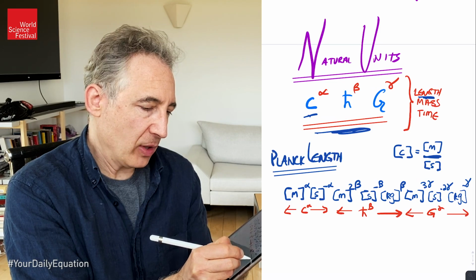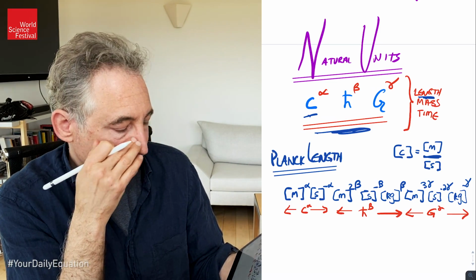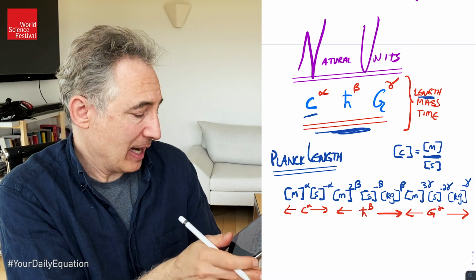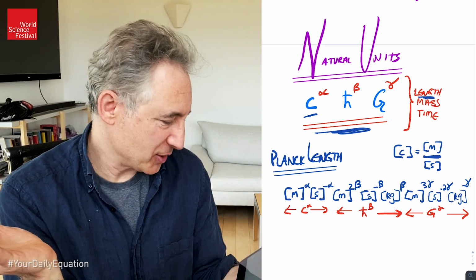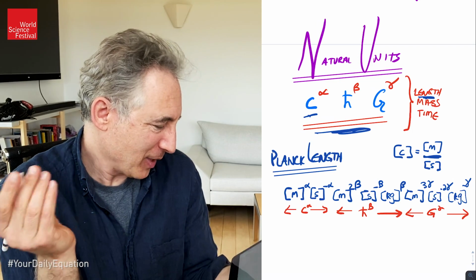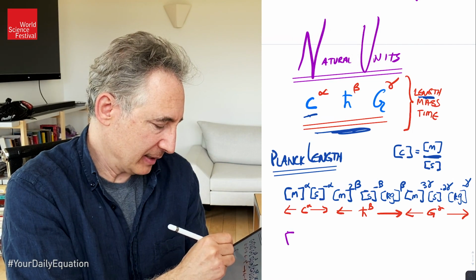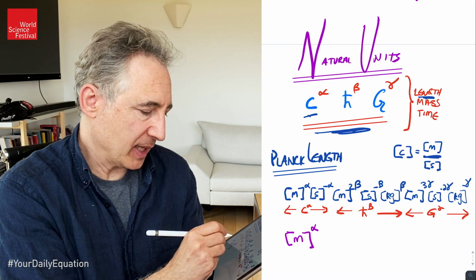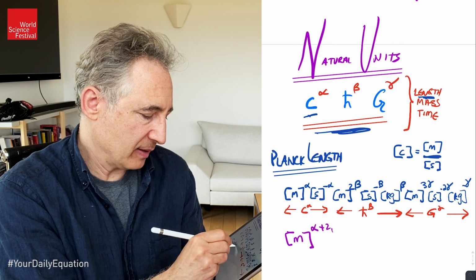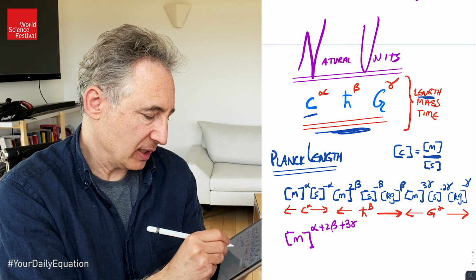All right, now all I want to do is choose alpha, beta, and gamma so that I will have, say, the units of a length. And that just gives me 3 equations and 3 unknowns, right? Because if I now rewrite this as my length scale, my meters, I get an alpha from my c, I get a 2 beta from my h bar to the beta, and I get a 3 gamma from my G to the gamma.